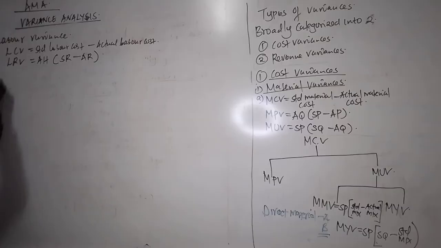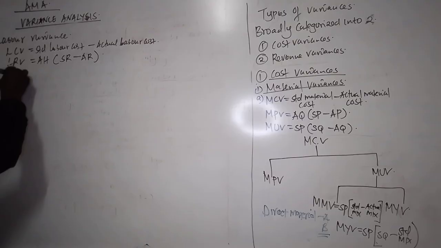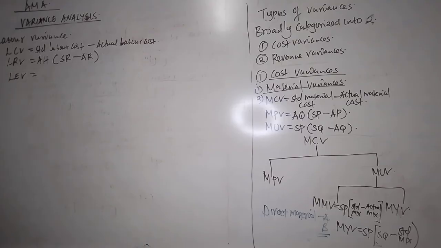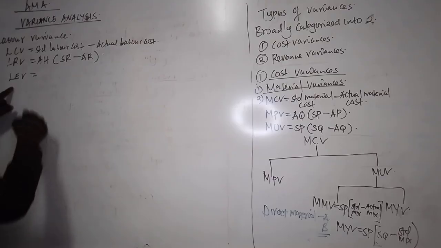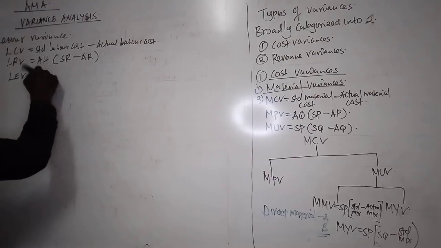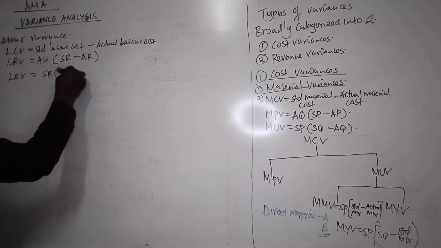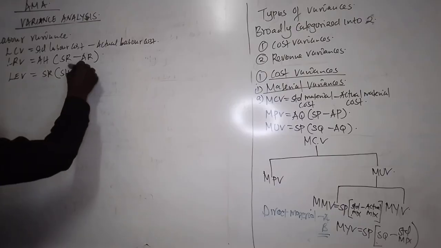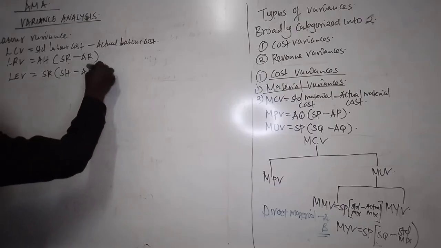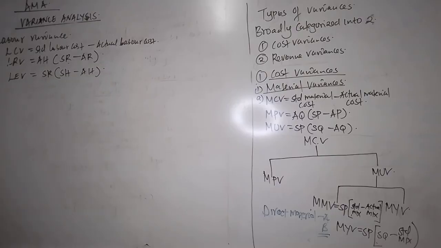So that's how you get the labor rate variance. Other than the labor rate variance, we have what we call the labor efficiency variance. The labor efficiency variance will be given by the standard rate into standard hours, then you raise the actual hours. That is how you are going to get the labor efficiency variance.